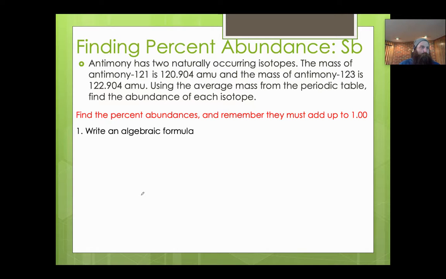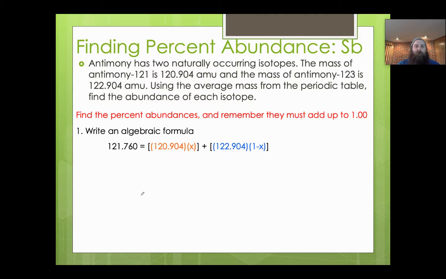All right, here's my algebraic formula. I looked up on the periodic table and found that the average atomic mass of antimony is 121.760. That's going to equal the sum of the products of the mass number times the decimal percent, right? Math's a language. We've got to be able to describe these things.